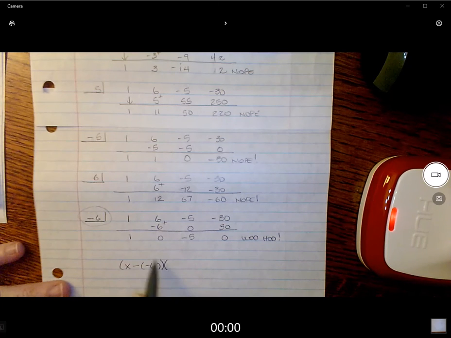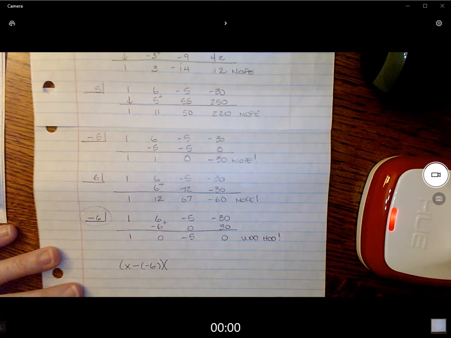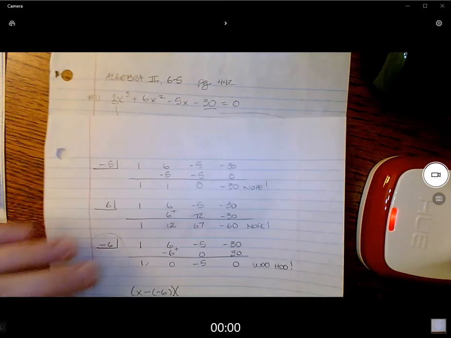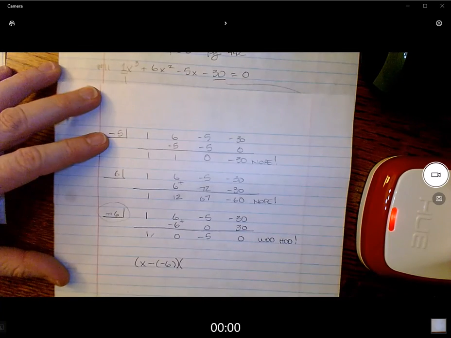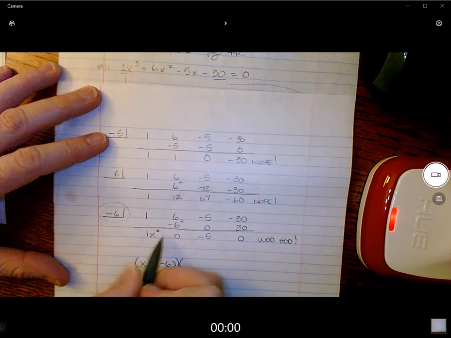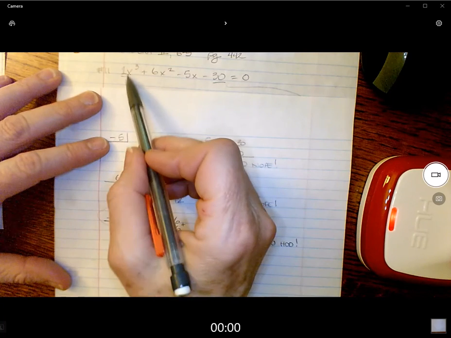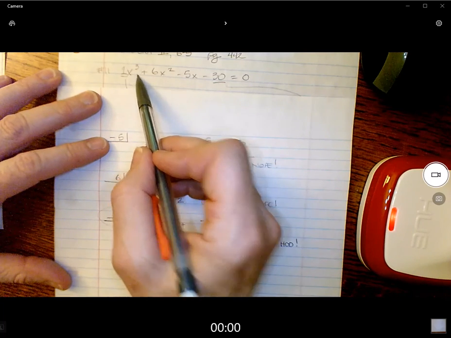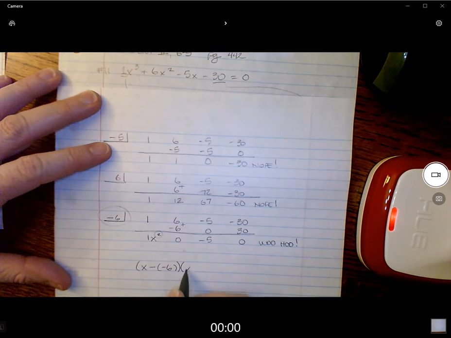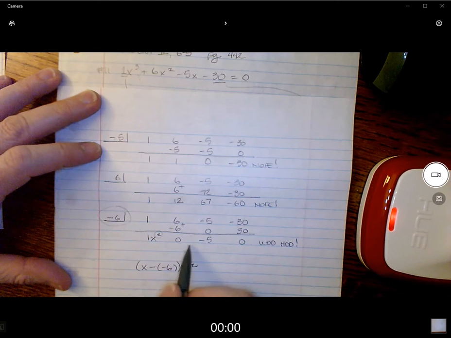And now we have another factor, and that is, we have a 1x squared because this radical needs to be 1 less than the original first term radical. So this is going to be x squared, and then what we have over here is the minus 5 equals 0.